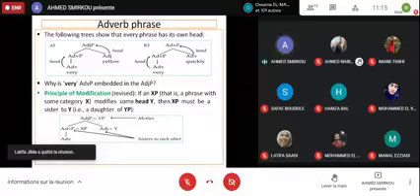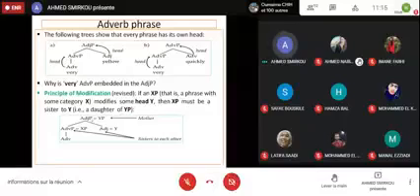So, in a very simple way, the modifier should be sister to the head.